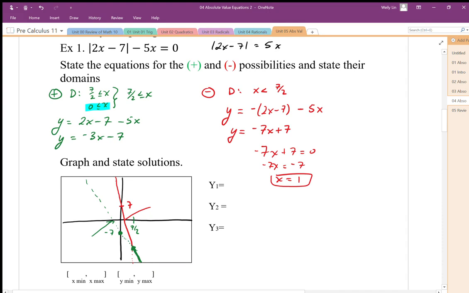I can test this, but I can also see that x equals positive 1 is my real solution. If I solve the negative version, I end up with negative 3x minus 7 equals 0, negative 3x equals 7, x equals negative 7 over 3. There's my negative 7 over 3, and it is an extraneous solution.